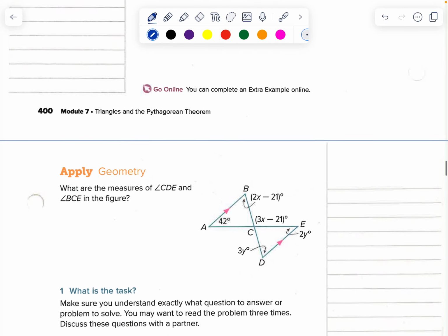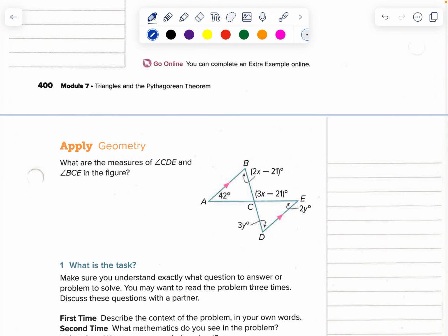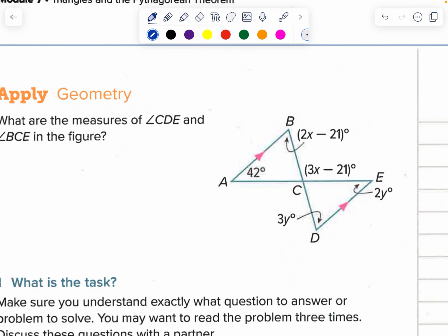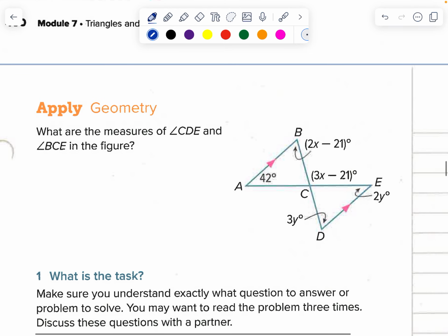Okay. So here we've got it. What are the measurements of CDE? So CDE is going to be this, I'm going to highlight this ring right here. Remember, this right here is the vertex. And BCE. So it wants this angle that's right here.